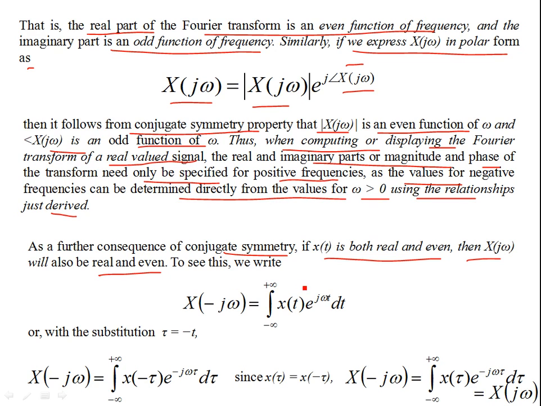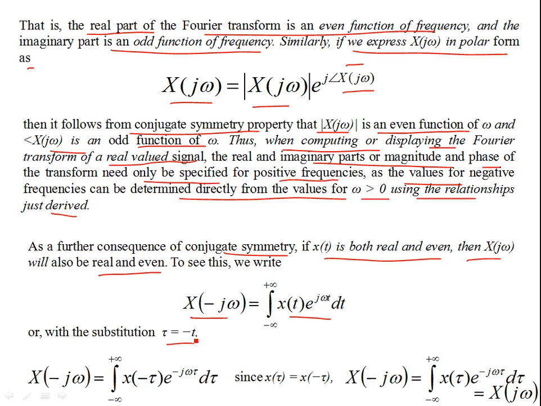To see this, replace omega by minus omega on both sides of the Fourier integral. This is the expression, and then we simply substitute tau, a dummy variable, equal to minus t. The integration limits are not a problem: you can keep minus infinity to plus infinity, and because of the negative sign you can reverse the order again.